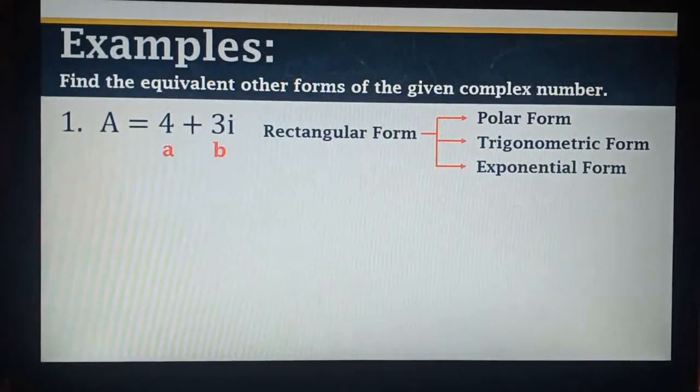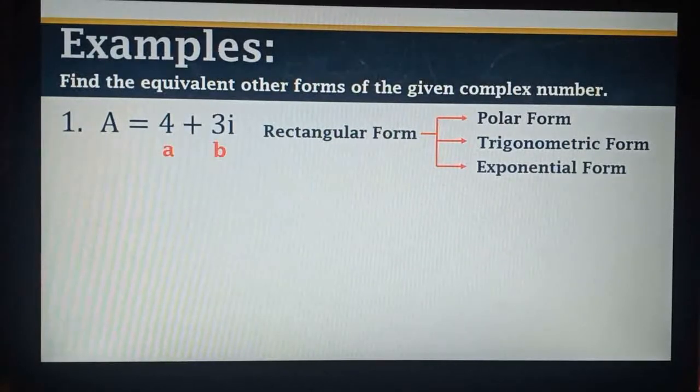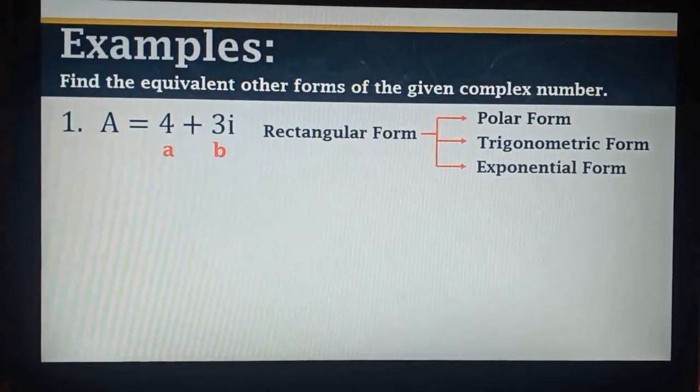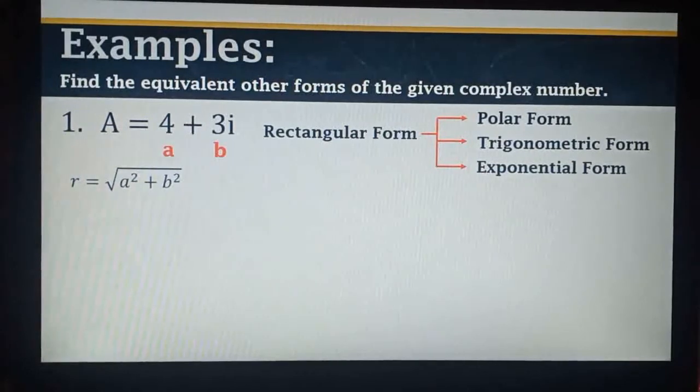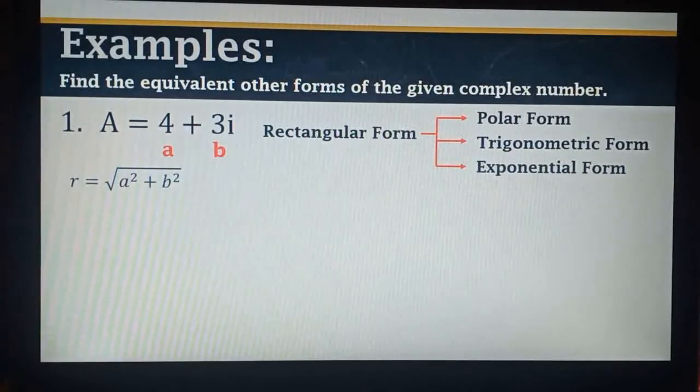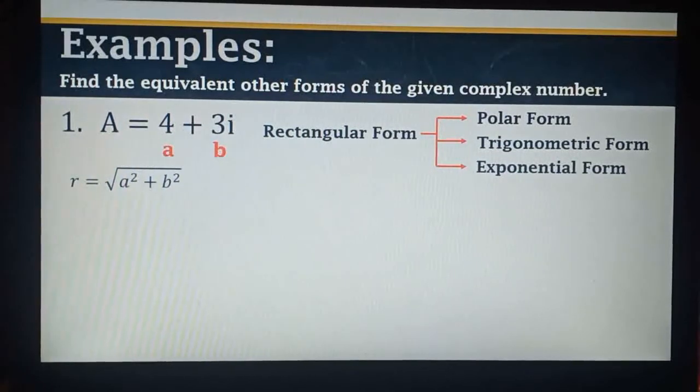You have to get the polar form, the trigonometric form, and the exponential form. First, identify your A and B. A is equal to 4 and B is equal to 3. Now you can get your R since we already have the values of A and B, wherein R is equivalent to the square root of A squared plus B squared.